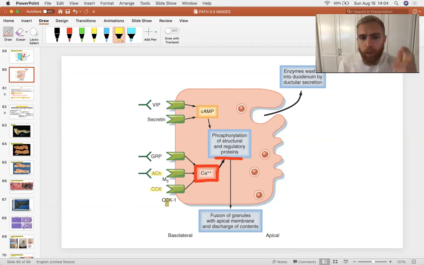And that cytoplasmic calcium elevation is what tells acinar cells of the exocrine pancreas to spit out some trypsin into the pancreatic duct. So, if you have too much calcium, what that means is you're synthesizing and exporting too much trypsin.